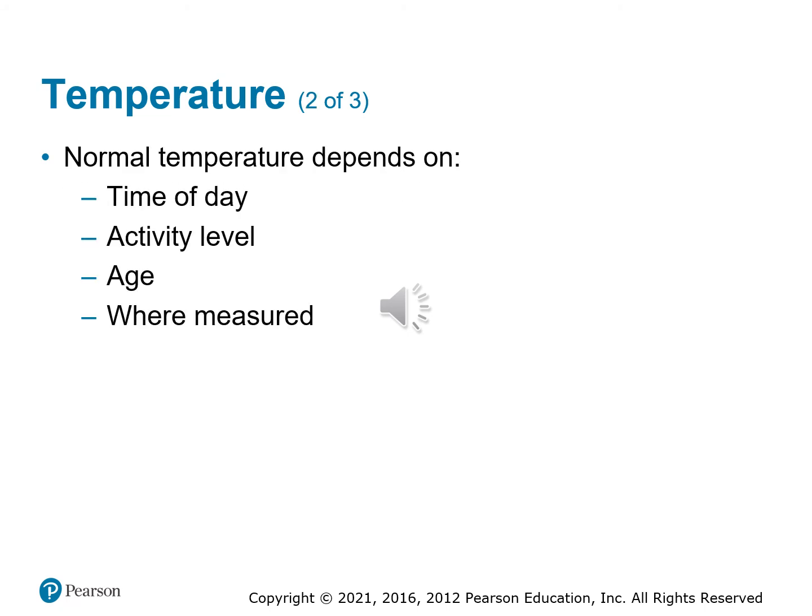It is important to understand that that temperature range, although it is a very narrow range, it can fluctuate a little bit throughout the day depending on what your activity level is, what your age is, where you measure it. Like I said, the core temperature rectally is going to give you the truest body temperature. Oral temperature is going to be closely behind.